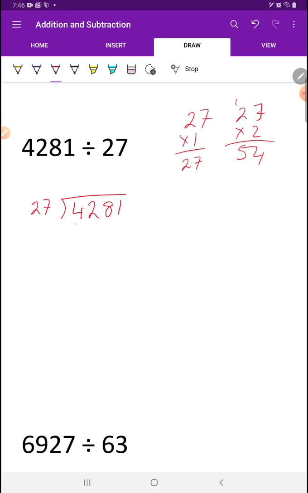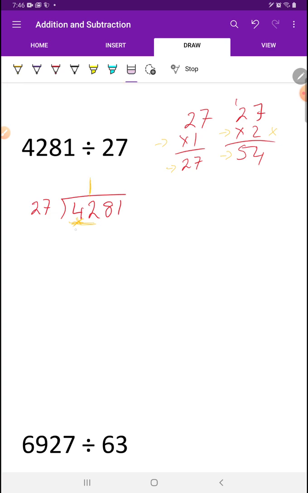So in this case, I'm putting 27 into the number 42 because 27 doesn't fit into 4 by itself. So I have to put 27 into 42. Well, I look at here, 27 times 1 is 27. 27 times 2 is 54. Well, 54 is bigger than 42, so that doesn't work. Times 2 does not work, but times 1 does.